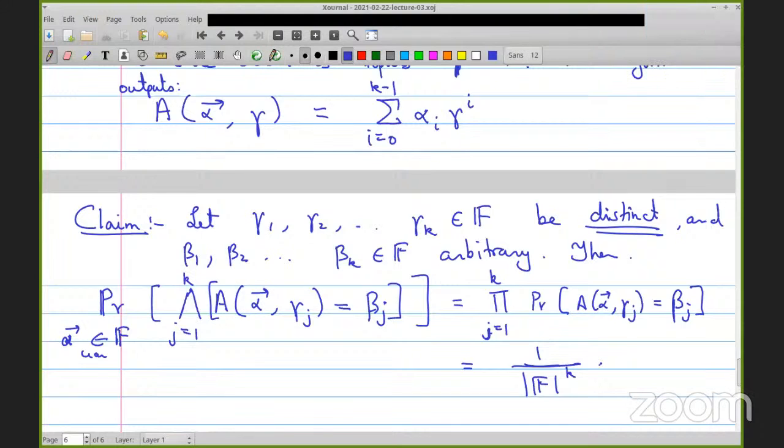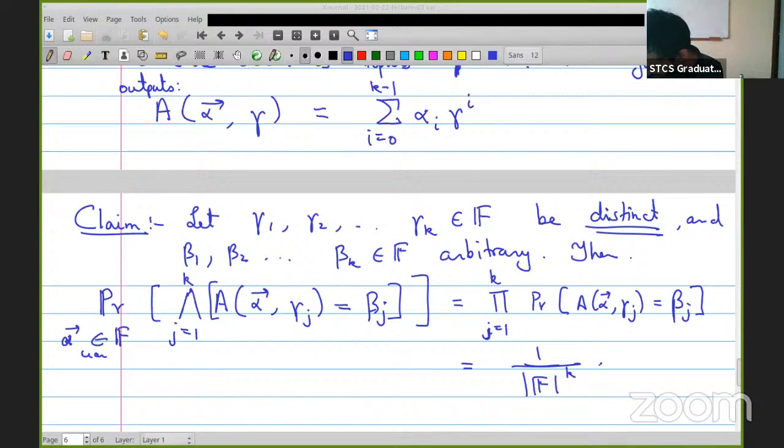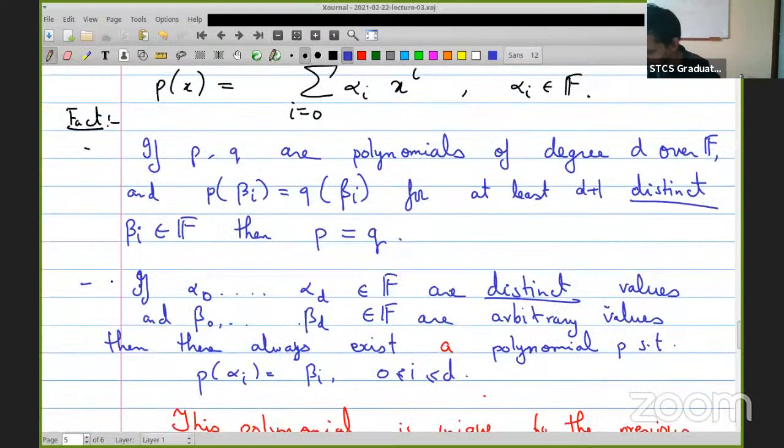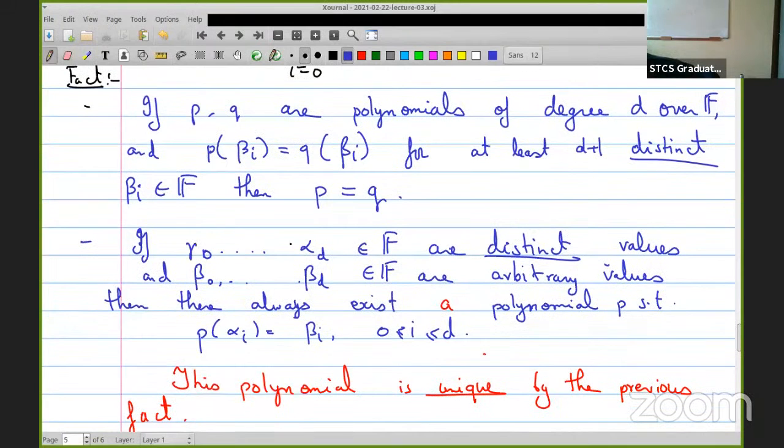So what we have shown is that this claim is exactly like a cryptic, sort of a hidden version of these two facts, right? These two facts combined together say that there is exactly one polynomial of degree d.